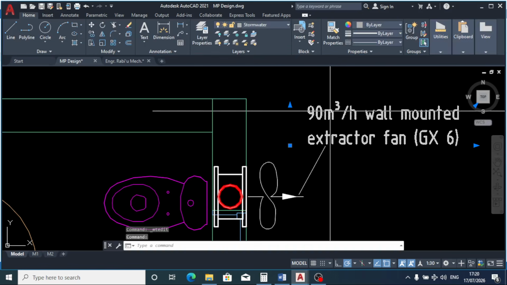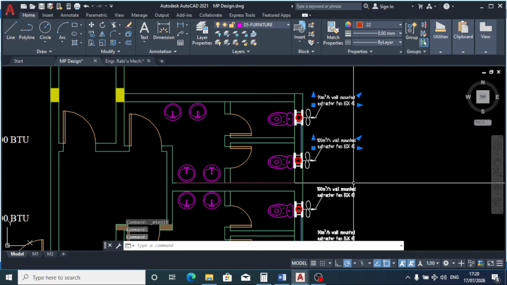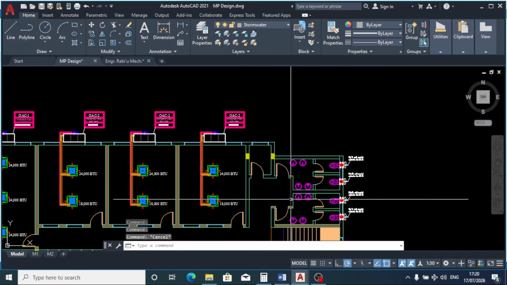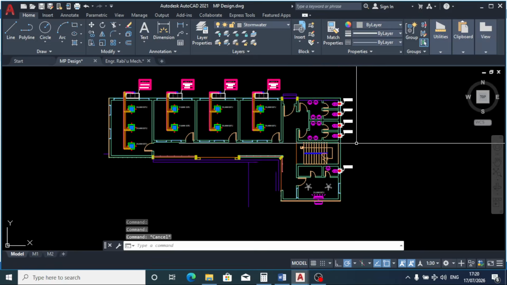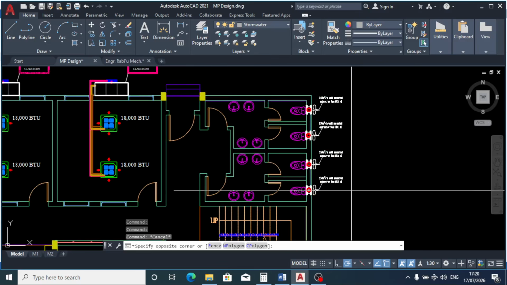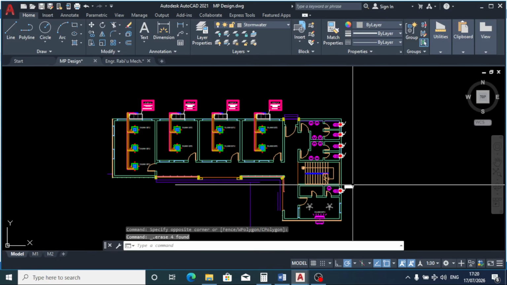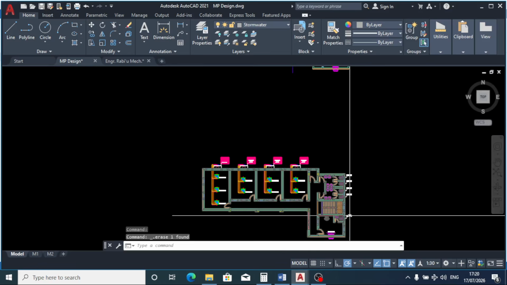Alright, so let's copy this, because the toilets on our first floor are the same thing with the ones on the ground floor. So we can just delete this and then copy this.